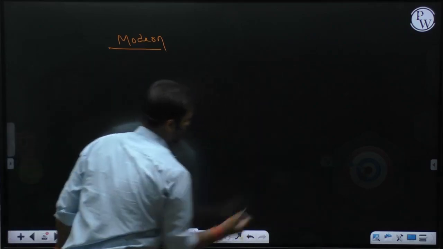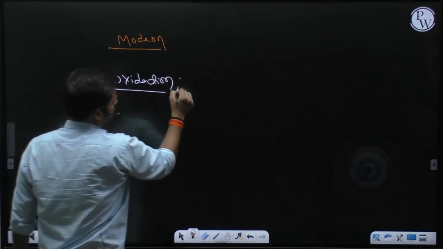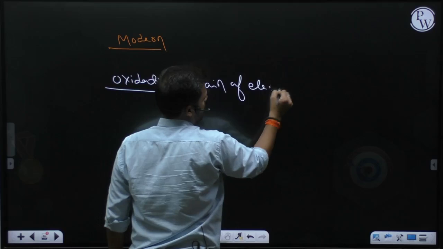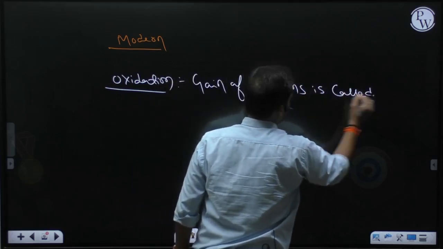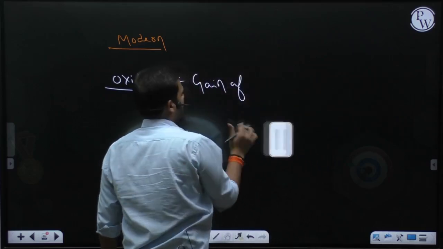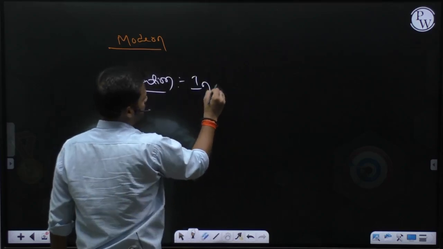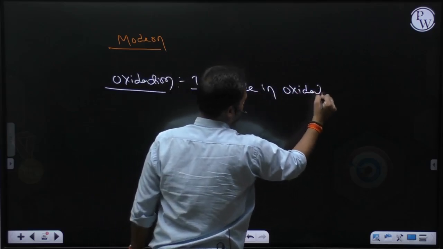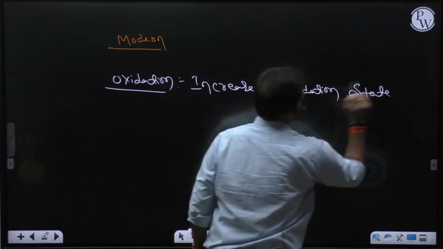According to the modern concept, oxidation is defined as an increase in oxidation state. Not gain of electrons, it is an increase in oxidation state. An increase in oxidation state is defined as oxidation.